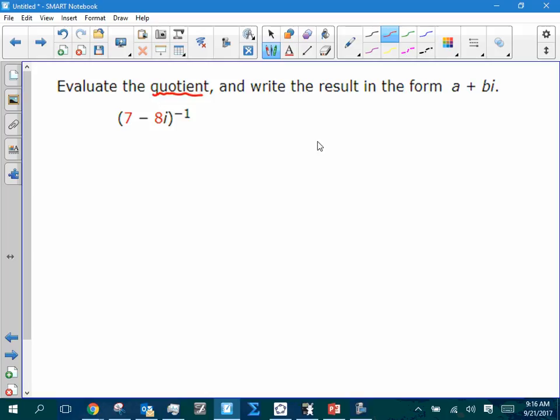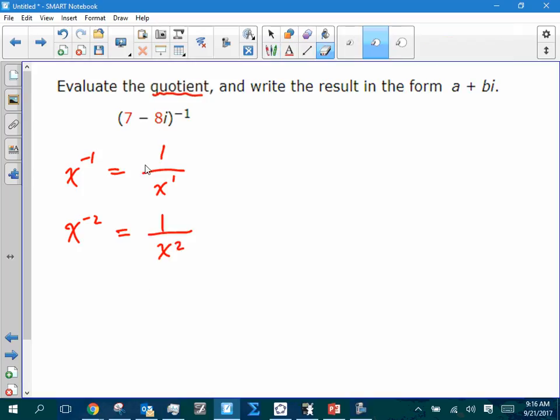But when we have negative exponents, say I had x to the negative first, don't we rewrite that with that variable in a denominator, change the exponent to a positive 1, and then whatever's left up top, and in this case 1 would be left up top, and x to the negative 1 is the same thing as 1 over x. You guys remember that? If it was x to the negative second power, I'd have 1 over x squared. So it's the same concept here.